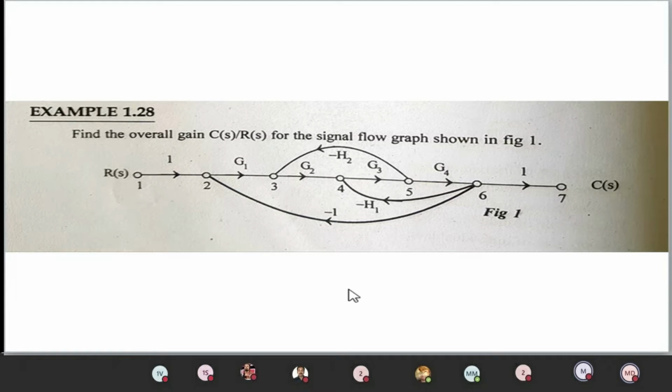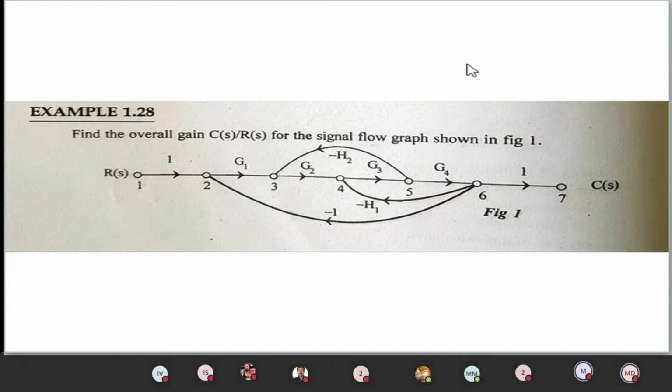And kindly understand one thing. The approach to GATE is how fast you are able to apply all these rules to determine the transfer function, whether it is a signal flow graph or block diagram reduction.